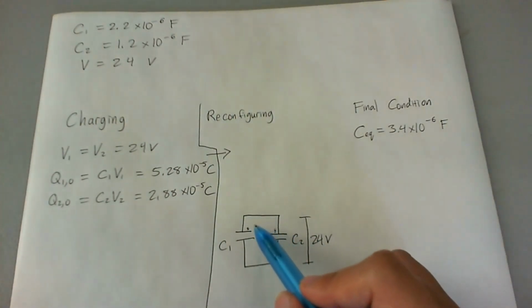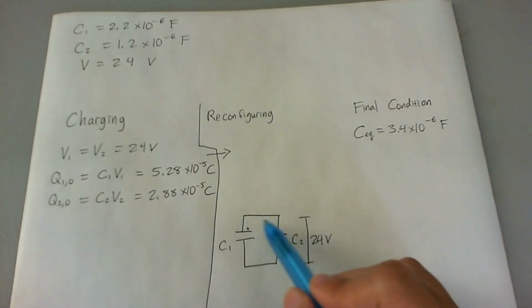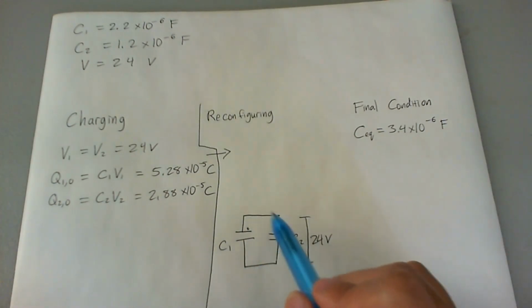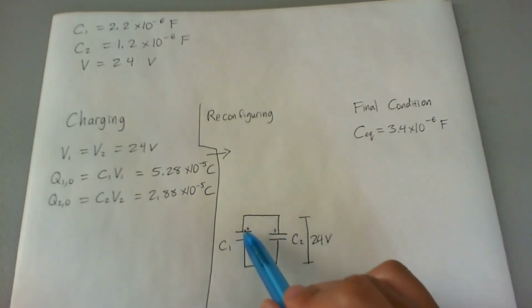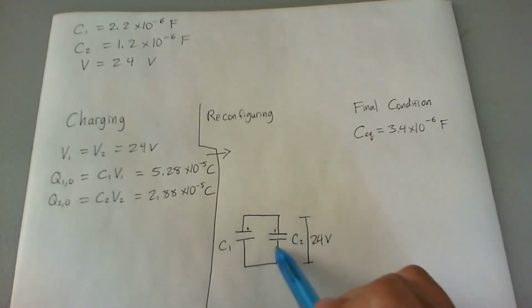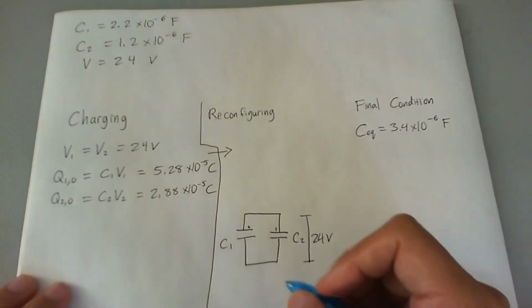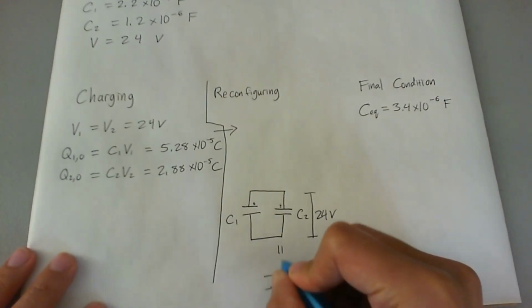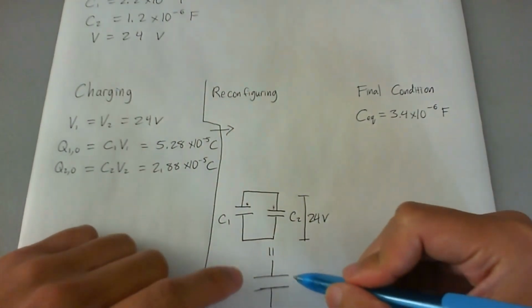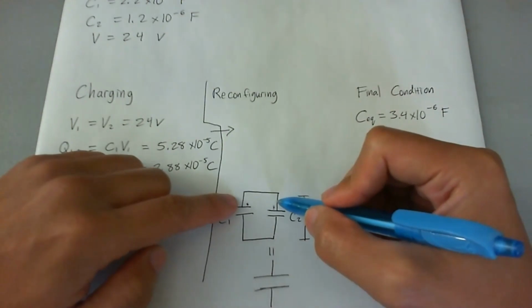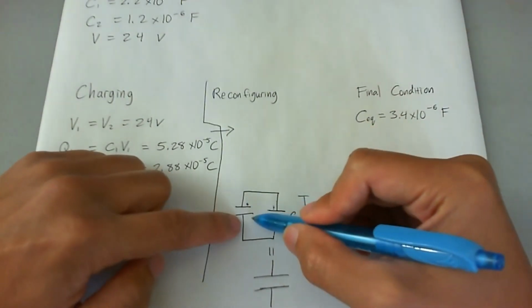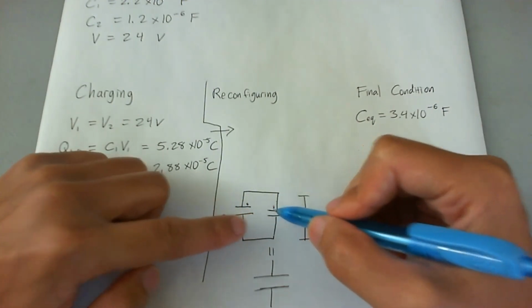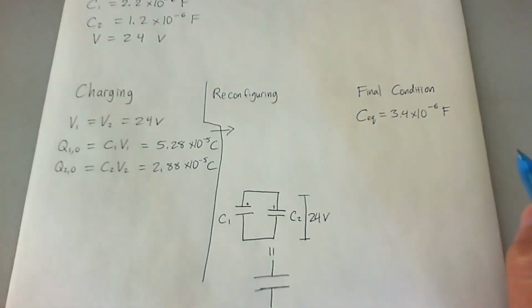You want to know the total Q on top and the total Q on the bottom. So after charge is redistributed, the sum of all charges on the top plate and the bottom plate can be thought of as now this new capacitor, with a certain charge on the top plate, certain charge on the bottom plate, when these two capacitors are now combined into one universal capacitor.